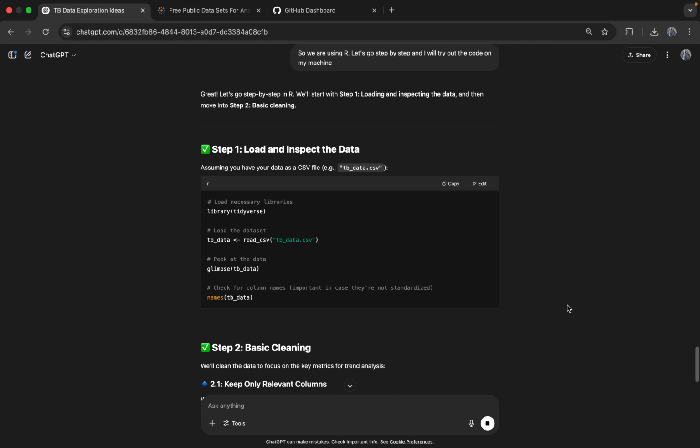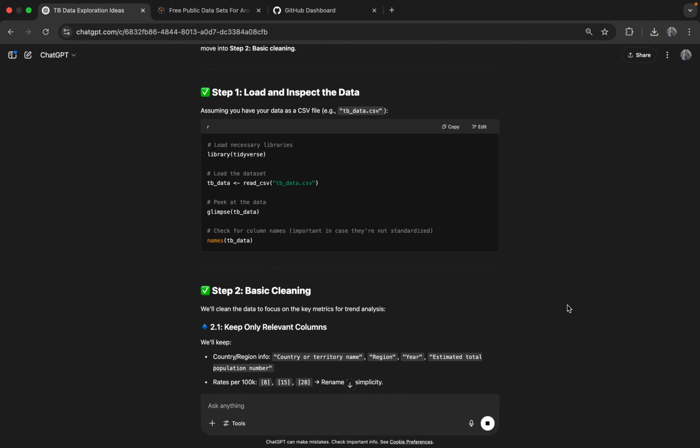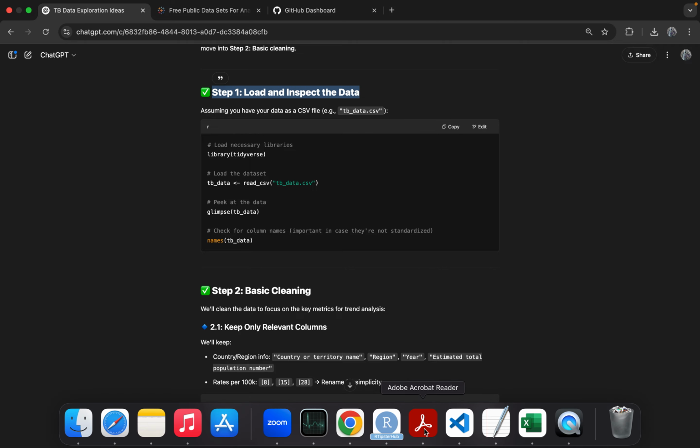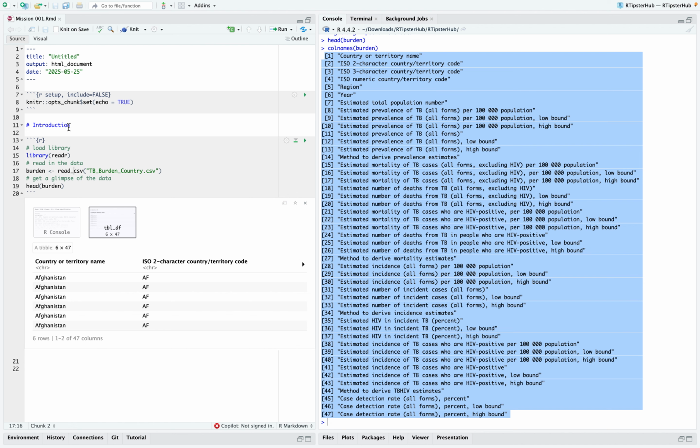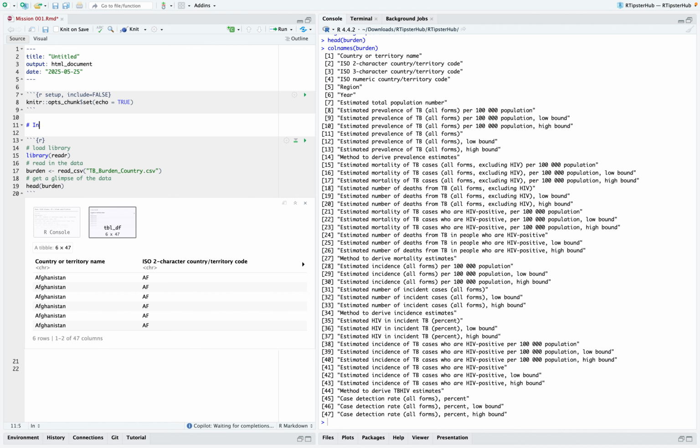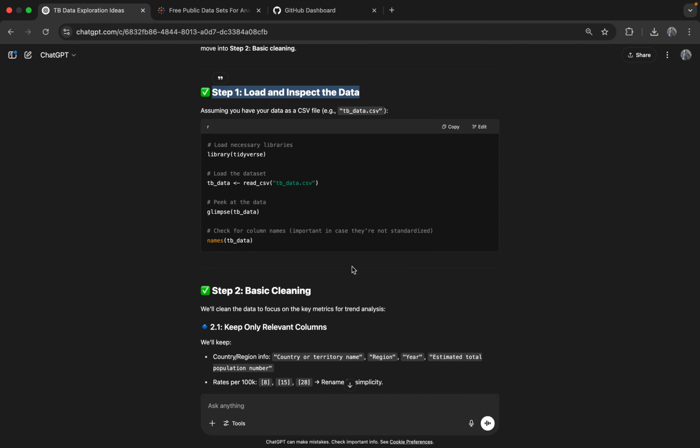So it gives load and inspect the data, which we have already done actually. So what I can just do is copy paste the title and say instead of introduction I write step 1, load and inspect the data, and then we go back. Step 2 is basic cleaning.